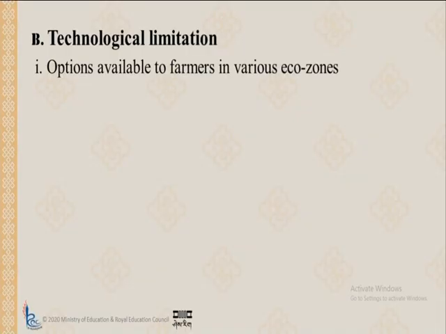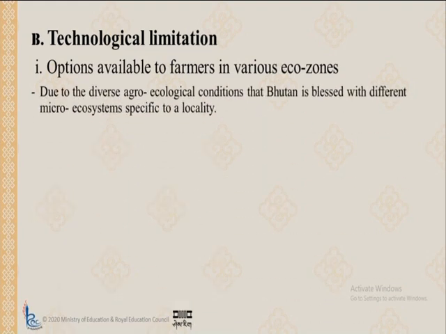Now, let us look at the second challenge to farming, which is technological limitations. Under this, the first one we have is options available to farmers in various eco zones. Bhutan is blessed with diverse agroecological conditions, with different micro ecosystems specific to a locality.